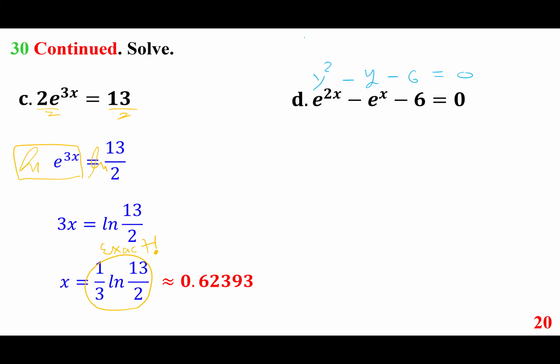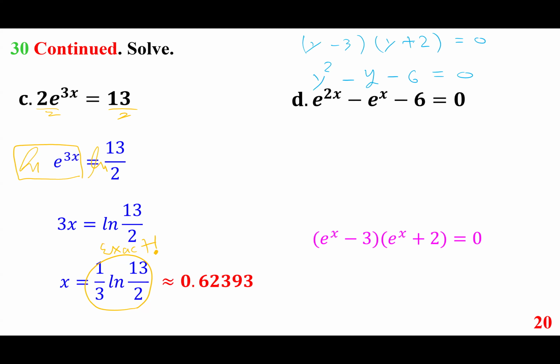And I have a feeling you have no problem factoring this. You want two numbers, the product is -6, the sum is -1, would be -3, +2. Some of you may not need that.